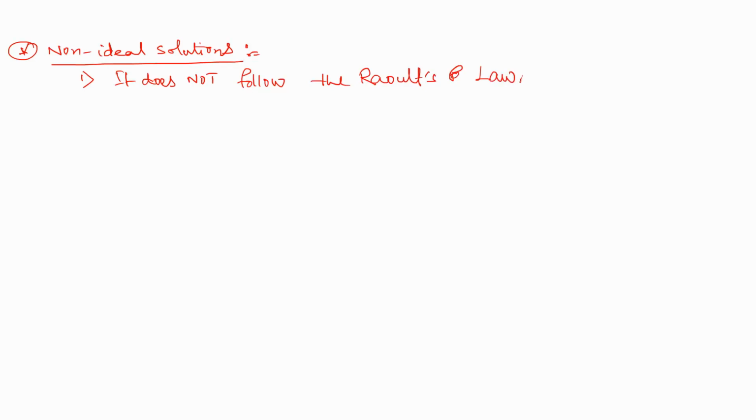So when a solution does not obey Raoult's law over the entire range of concentration, then we can say it is a non-ideal solution. When a solution does not follow Raoult's law, there will be a change of the vapor pressure. So how will it be?